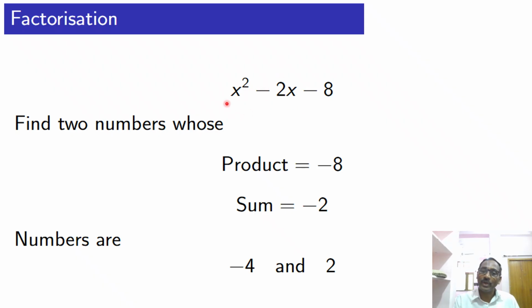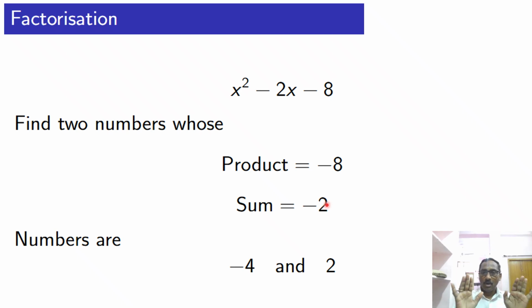What is the x square coefficient? 1. The constant is minus 8, c is minus 8, so a into c gives minus 8. Product equal to minus 8, and the sum should be the x coefficient, minus 2. So the sum should be minus 2.